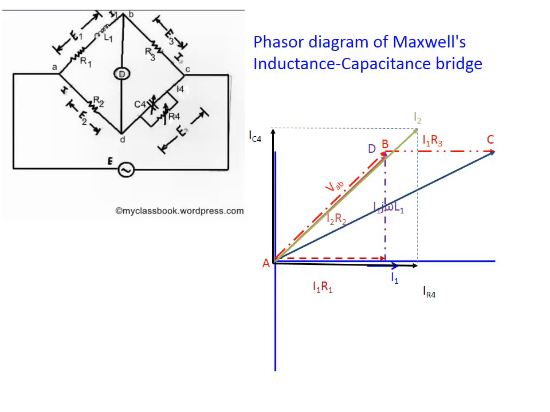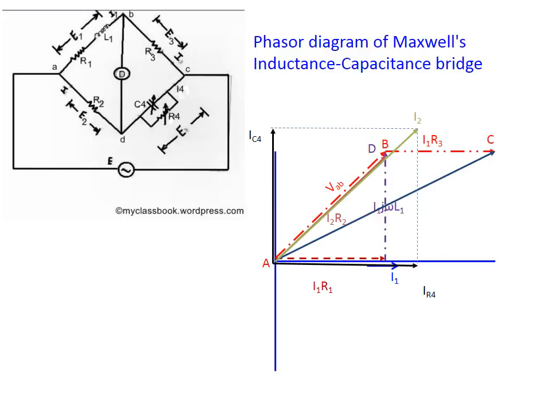This voltage drop must be equal in magnitude and in phase with the voltage drop VBC, that is I1 into R3, which is in phase with I1. Therefore, the phase of IR4 and the phase of I1 must be the same.